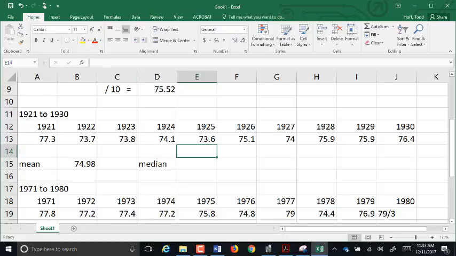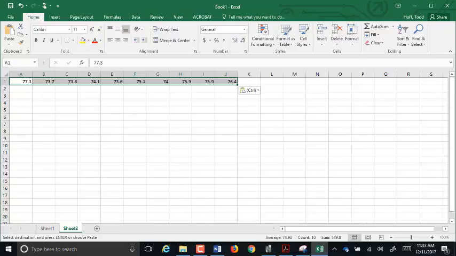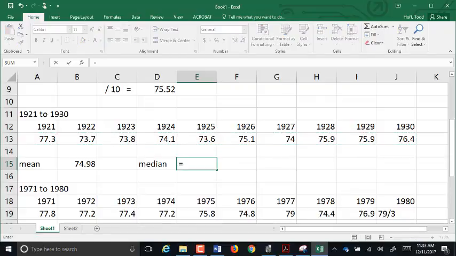What'd you get for the median there? Okay, 73.6 and 75.1. So you're going to add those together, 73.6 plus 75.1, then divide by 2, right? Perfect. That would be your median.